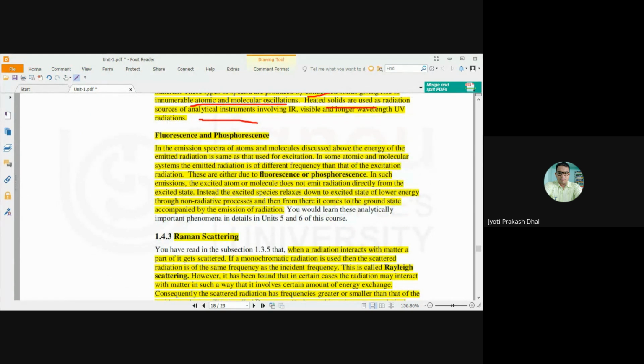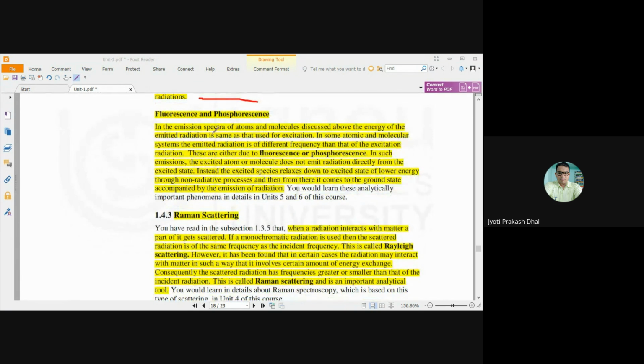Now coming to fluorescence and phosphorescence. In the emission spectra of atoms and molecules discussed above, the energy of the emitted radiation is the same as that used in the excitation. In some atomic and molecular systems, the emitted radiation is of a different frequency than that of the exciting radiation.